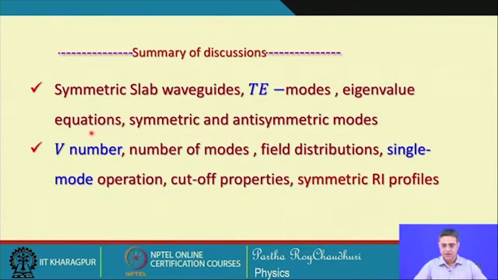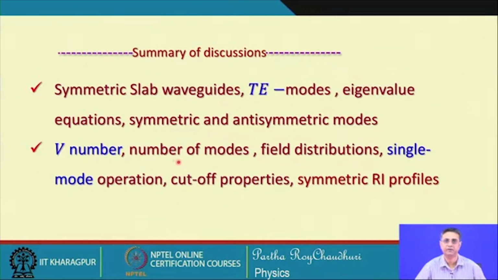Now, I conclude here by saying that we discussed symmetric slab waveguides for the TE modes. We will take up the TM modes next. We discussed the eigenvalue equations and then symmetric and antisymmetric modes, even and odd modes, which are supported by this waveguide.